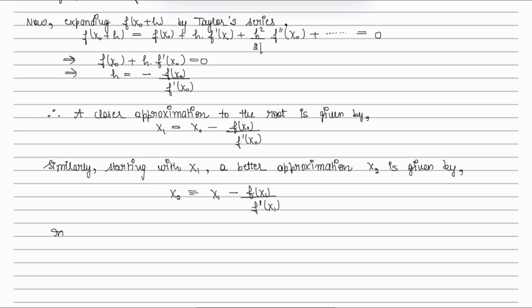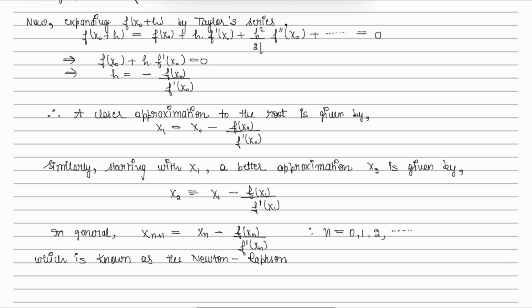In general, xn plus 1 is equals to xn minus f of xn divided by f dash of xn, where n is equals to 0, 1, 2 and so on, which is known as the Newton-Raphson formula or Newton's iteration formula.